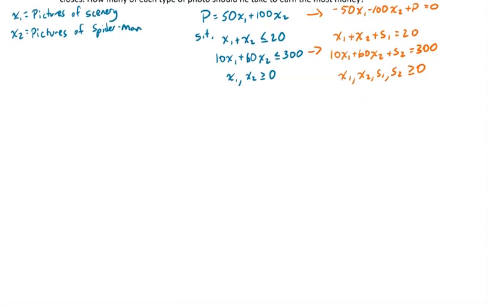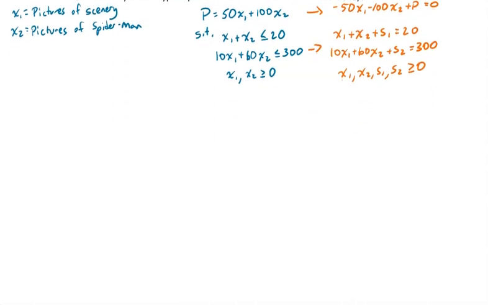And then we can set up our Simplex tableau. So x1, x2, s1, s2, p, and then the number. On the left side, we start with our slack variables and p. Then let's start putting everything into it.